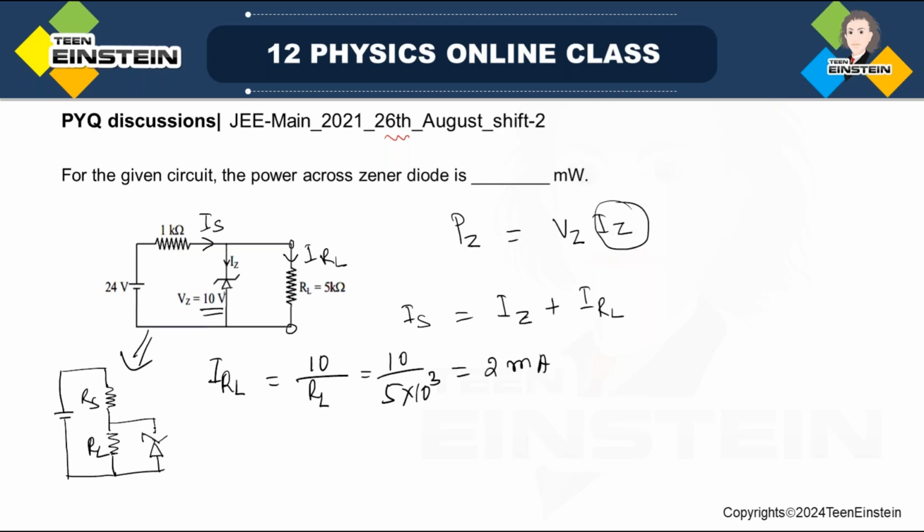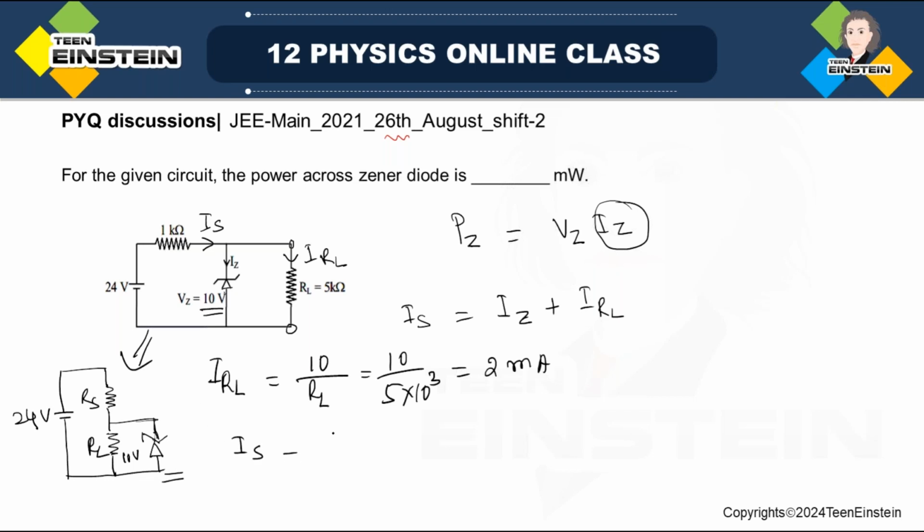Now you might be able to understand what is the current through this RS. If I consider this circuit, the voltage drop across RL is 10 volt given, as I know VZ, and here I have got 24 volt. This figure will tell you how to find IS.